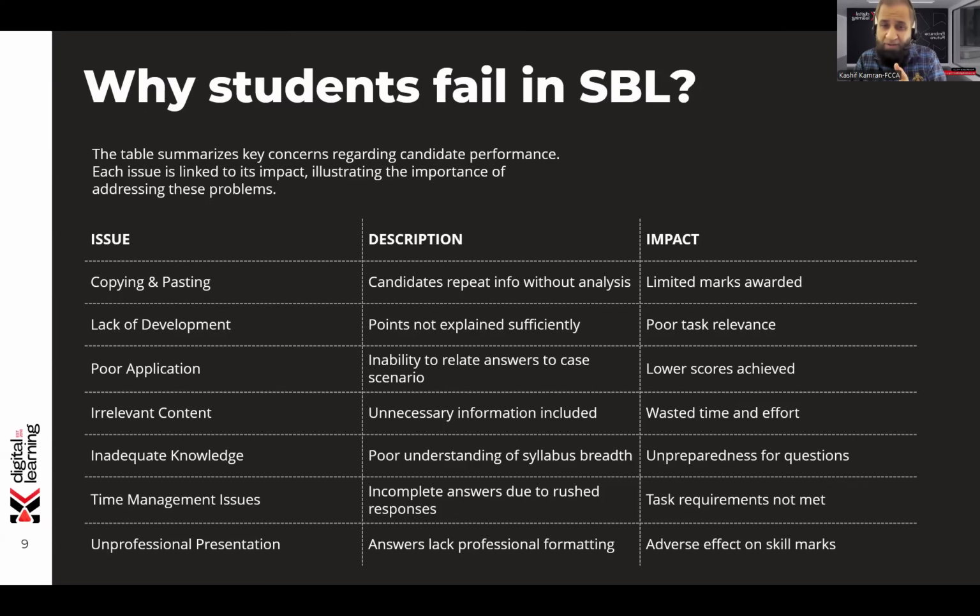Irrelevant content, unnecessary information included. Suppose you're answering a question on the macro-environmental analysis. Before writing the answer, you start explaining what is PESTLE, what is the theory, what is the model, what is the objective of this model. This is irrelevant content. You should have directly started with the heading political environment and linked that to the case study.